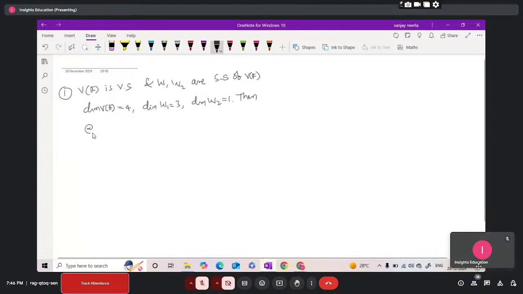Option A, the dimension of the linear sum of W1 and W2 is in between 1 to 4. Option B, the dimension of the linear sum of W1 and W2 is in between 3 and 4. Option C, 3 and 7, sorry. Next one, the dimension of W1 intersection W2 is in between 3 to 5. And none of the above.